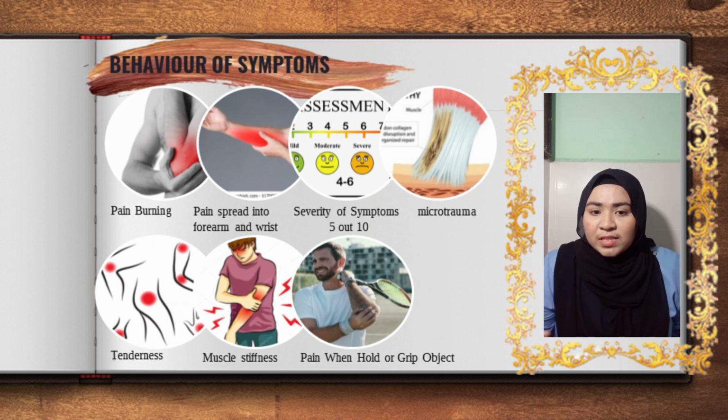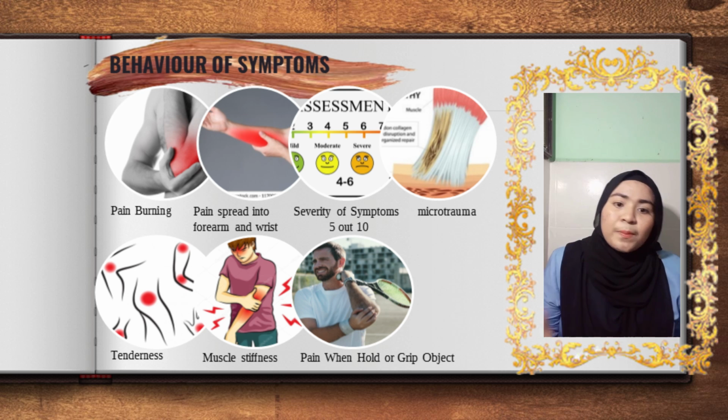For your information, to know more about the severity of the symptoms that the athlete faces, we have provided the severity of symptom scale for the athlete to rate the severity of the symptoms. In this situation, he stated that his pain level is 5 out of 10, which is in the moderate phase.